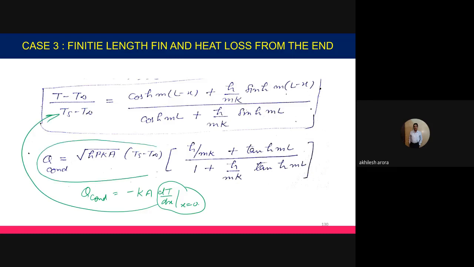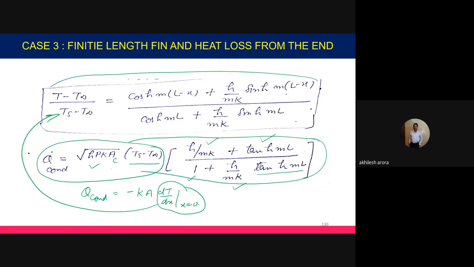Q conduction is equal to square root of hPkAc into (Ts − T infinity) multiplied by [h over mk plus tanh ml] divided by [1 plus h over mk tanh ml]. So this you need to remember, and this equation also, both these equations you can mug up.